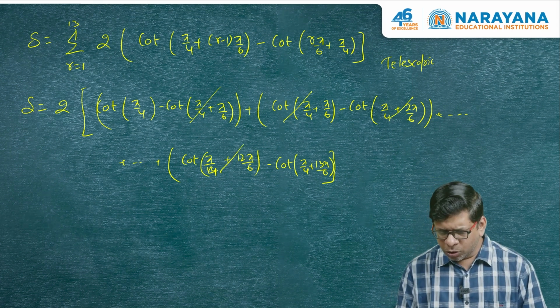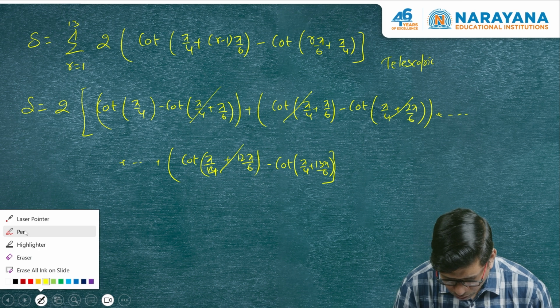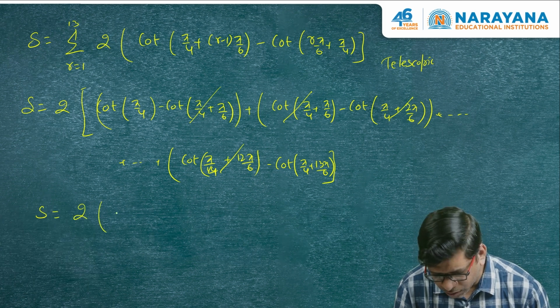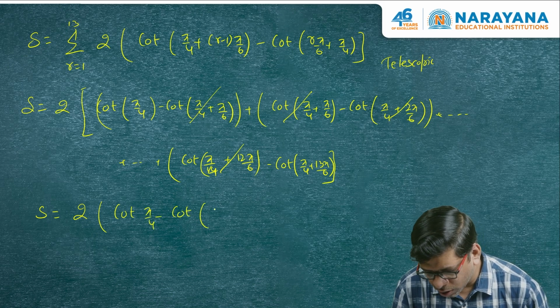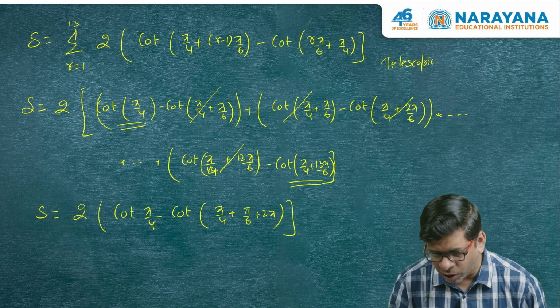Okay, so if we solve for S now, all the terms are getting cancelled. We are getting 2 times cot pi by 4 minus cot of pi by 4 plus 13 pi by 6, which can be written as pi by 6 plus 2 pi. Only these 2 terms are left, remaining all terms get cancelled.